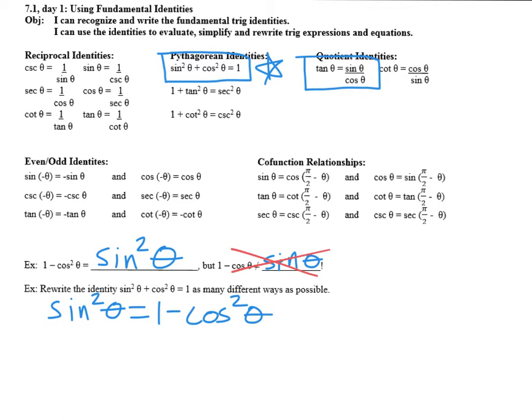It's kind of a random thought to go with a Pythagorean identity, but it's a common enough mistake that as soon as you see these identities, I get it out there, so you know not to do it. All right, I'm going to keep rearranging the original one. Sine squared plus cosine squared equals 1.